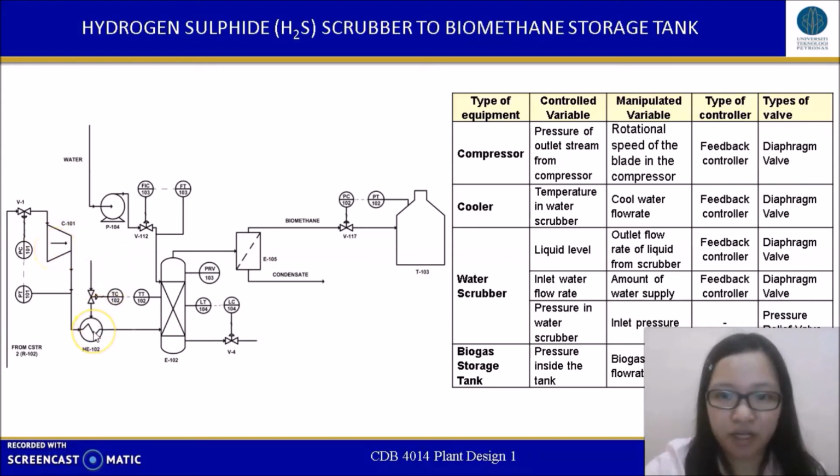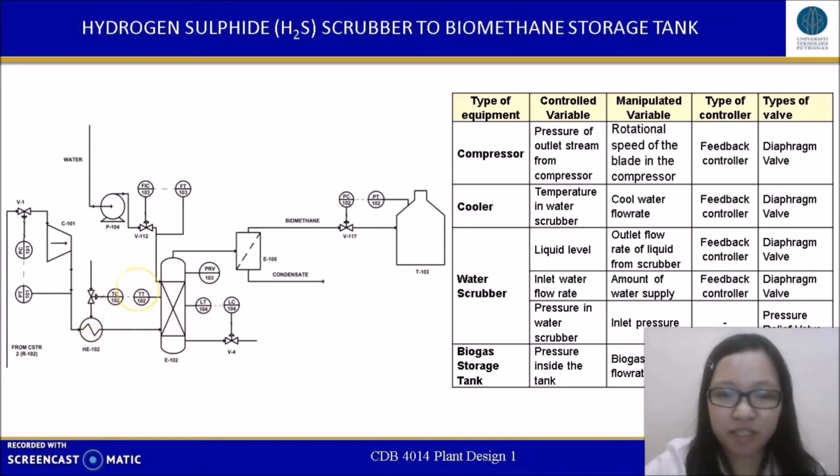For the cooler, the control variable is the temperature in the water scrubber, and the manipulator would be the cool water flow rate here. And for the water scrubber, there are three control variables related to this.